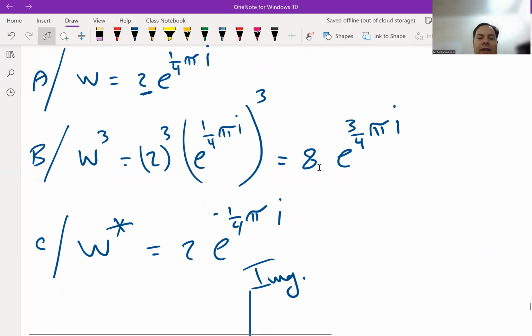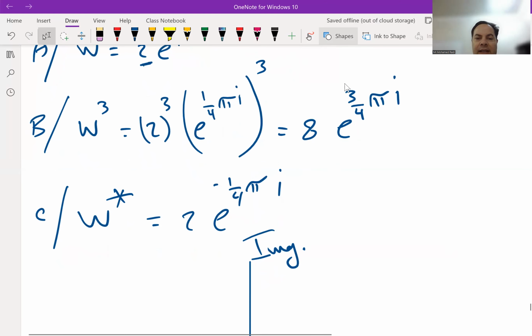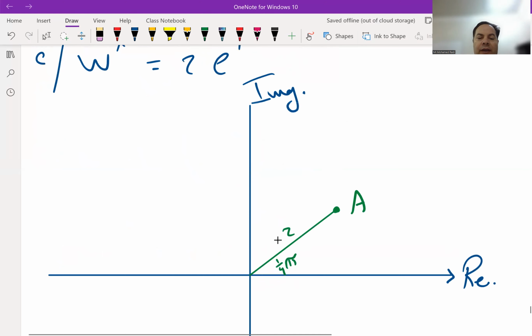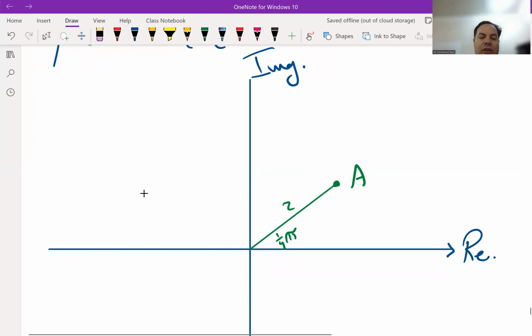For B, the modulus is 8, but the argument is 3 pi over 4, in degrees is 135. This means point B is in the second quadrant, and this side is tripled, it's 8.